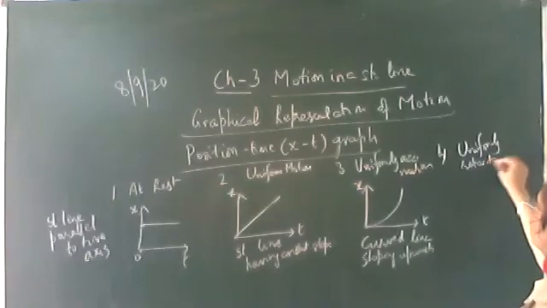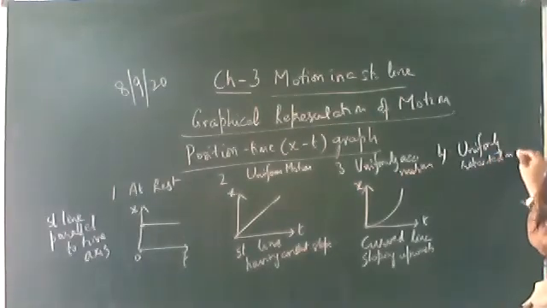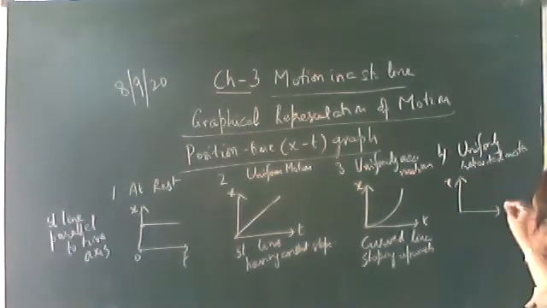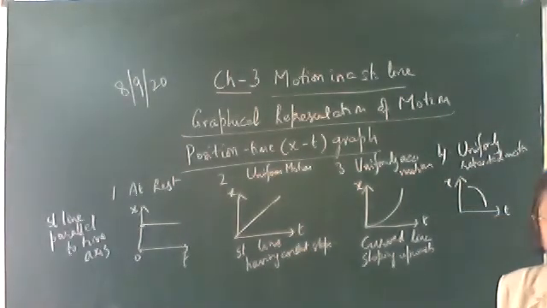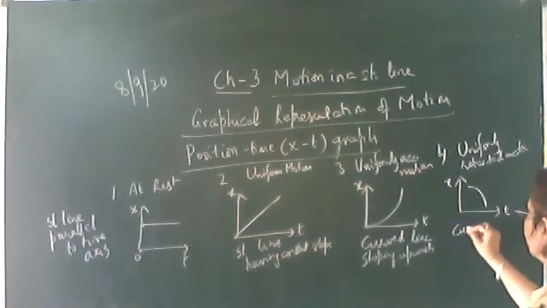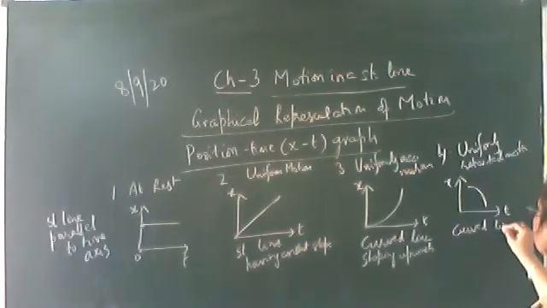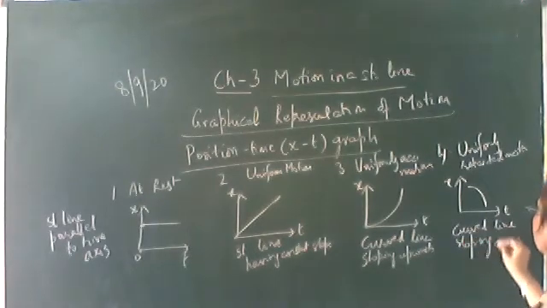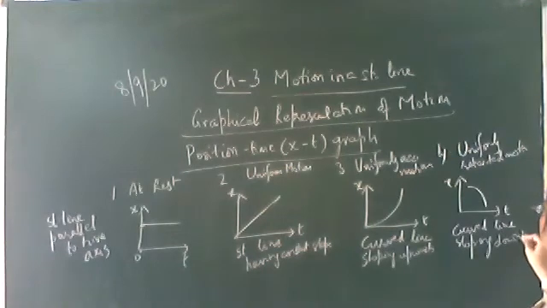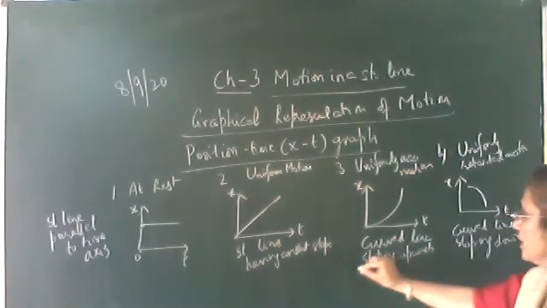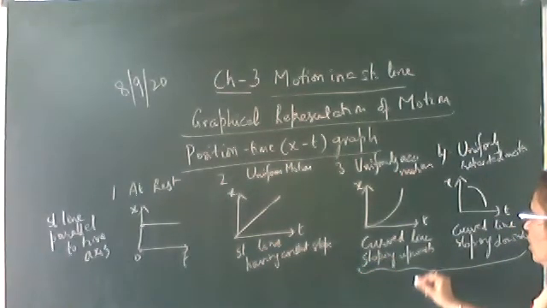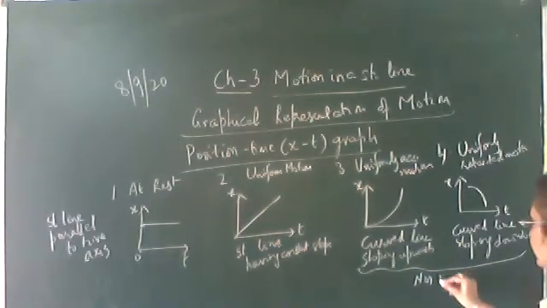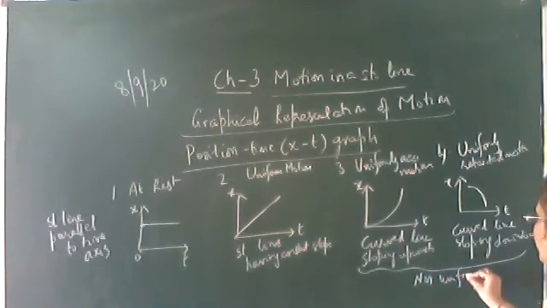Again the XT graph is a curved line, but it will be sloping downwards. These two, uniformly accelerated and uniformly retarded motions, are non-uniform motions.